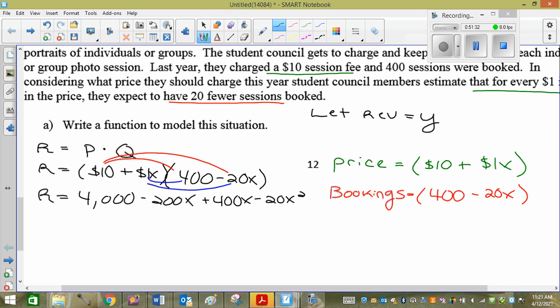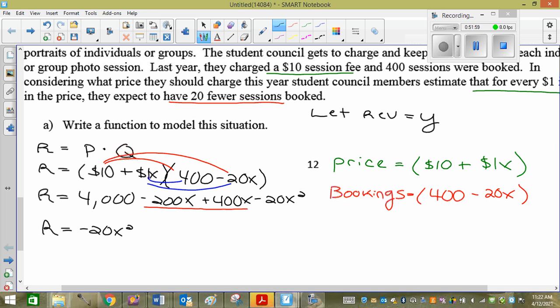Okay, now what can we do with this to simplify it just a little bit more? Yeah, let's add those two terms that are both x terms, right? So minus 200x and 400x can be combined. And what I'm going to do is reorder this so it looks like a typical quadratic we've dealt with this whole time. So revenue is equal to negative 20x squared.